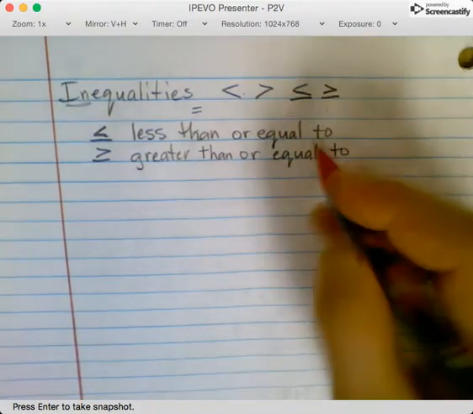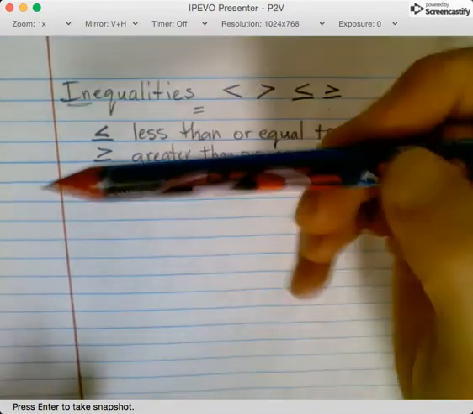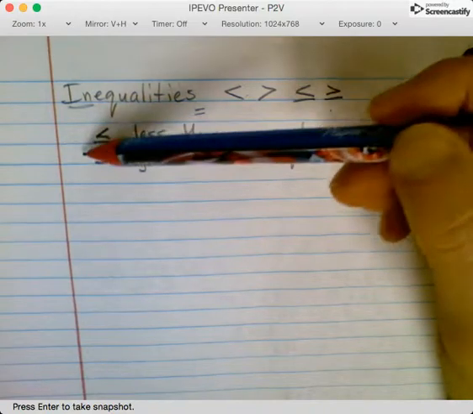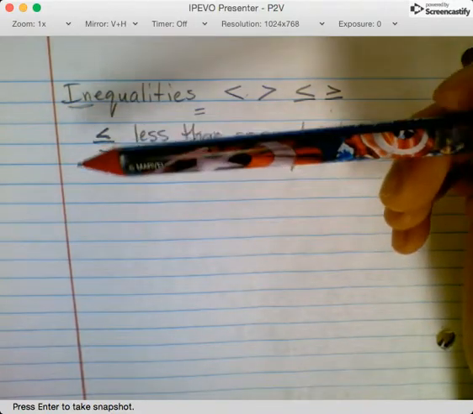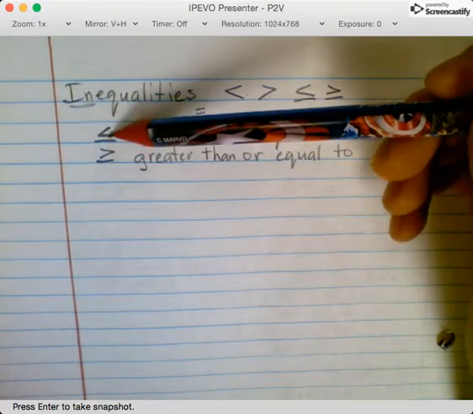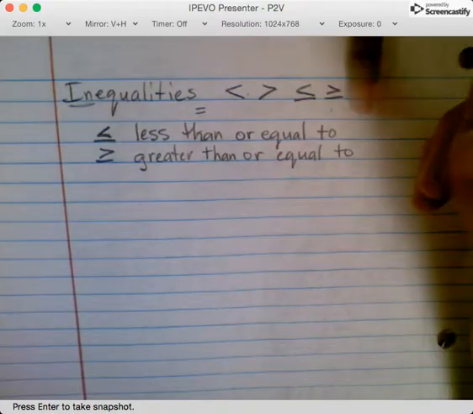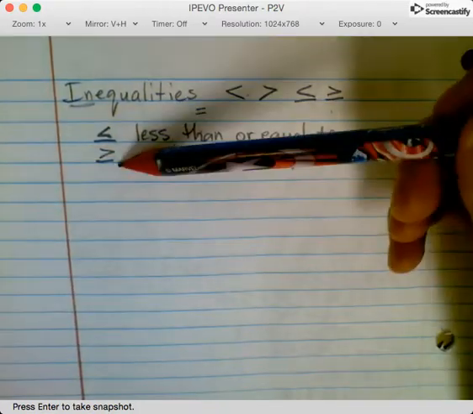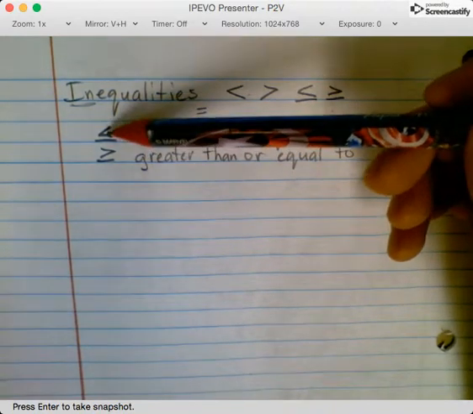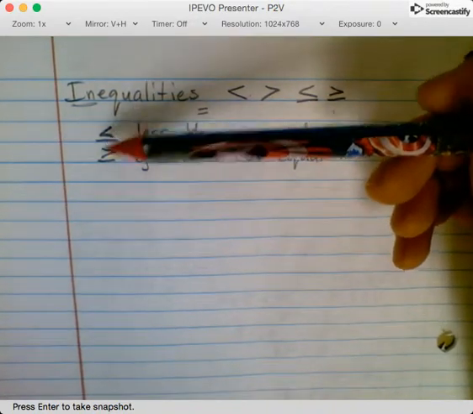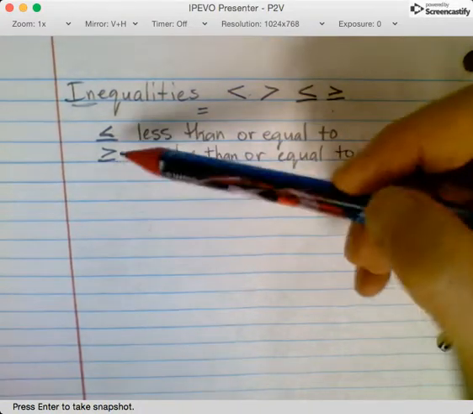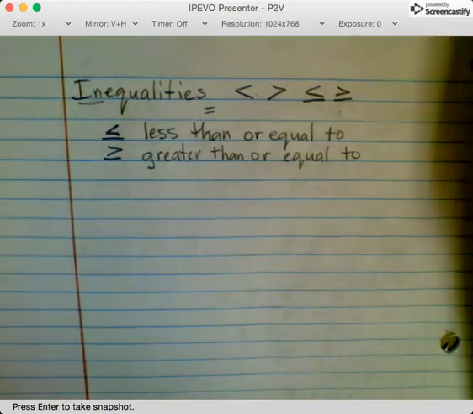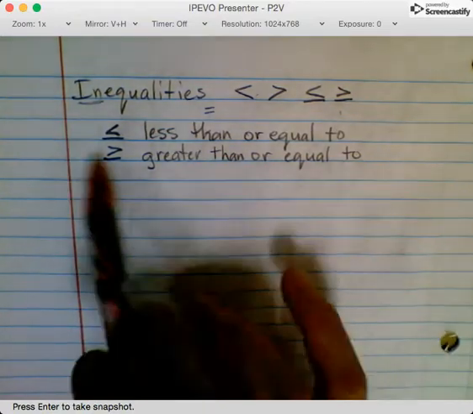And you remember where the bigger side is by thinking of an alligator or a hungry hippo or Pac-Man, different versions are out there. Whatever it is, it's really hungry and wants more food, so the open part is facing the bigger number. Okay, so think about it that way.